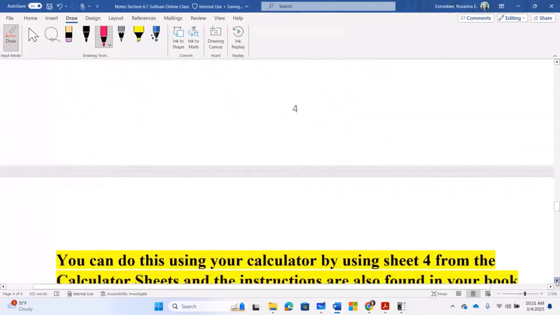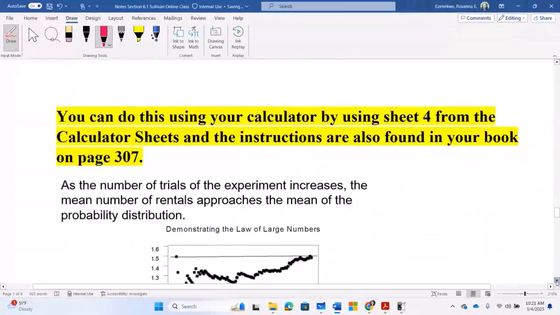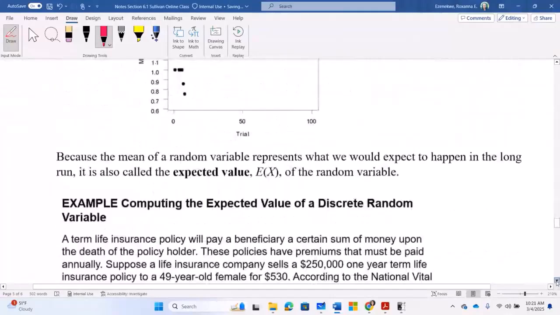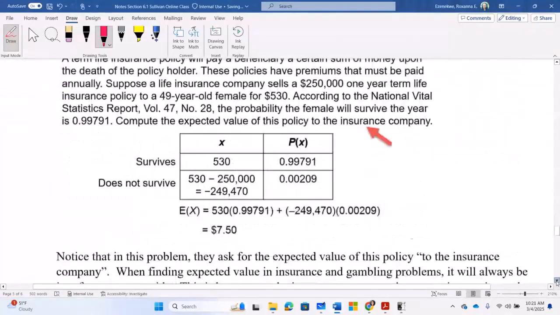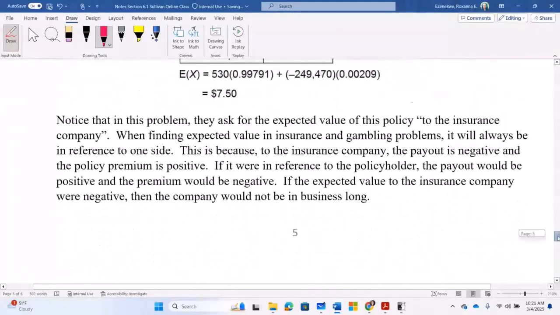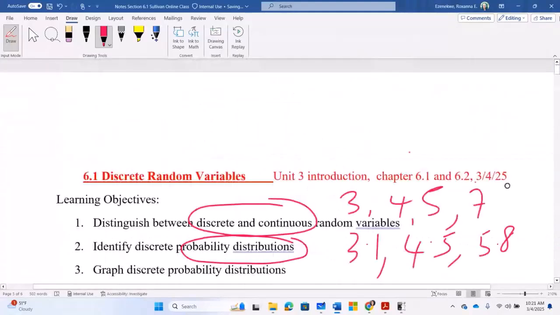So the next thing is go to 6. You can do this using your calculator. The next thing is go to 6.2. So this is 6.1, discrete probability distribution.